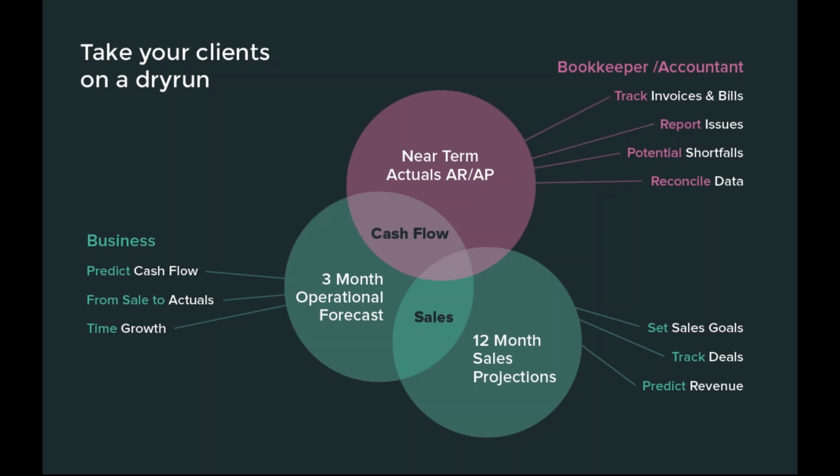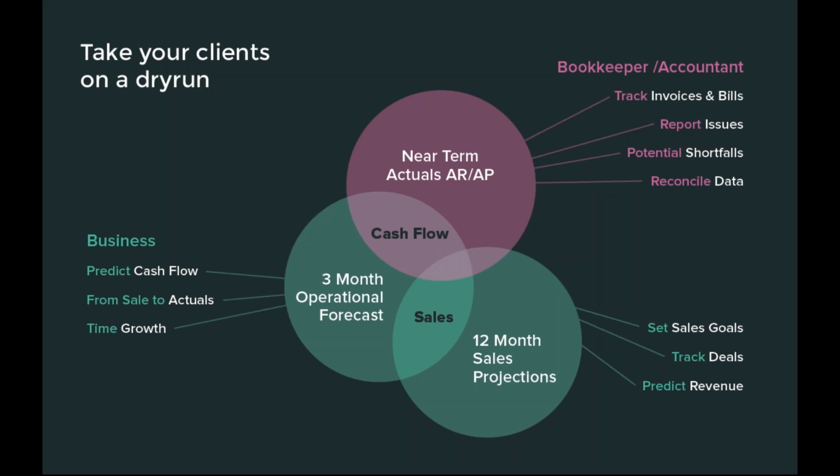And then what do your businesses do? Your business clients rely on you to guide them to using the data that you have created in that topmost actual scenario. They're responsible then to predict their cash flow, to move from sales to actuals in their second scenario, and to plan growth and projects.